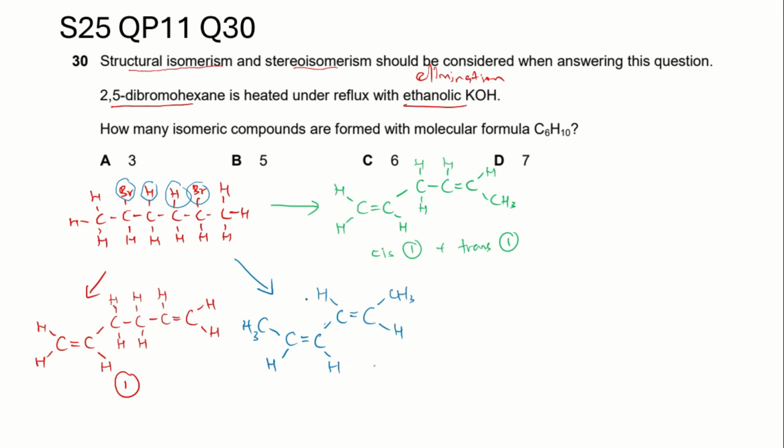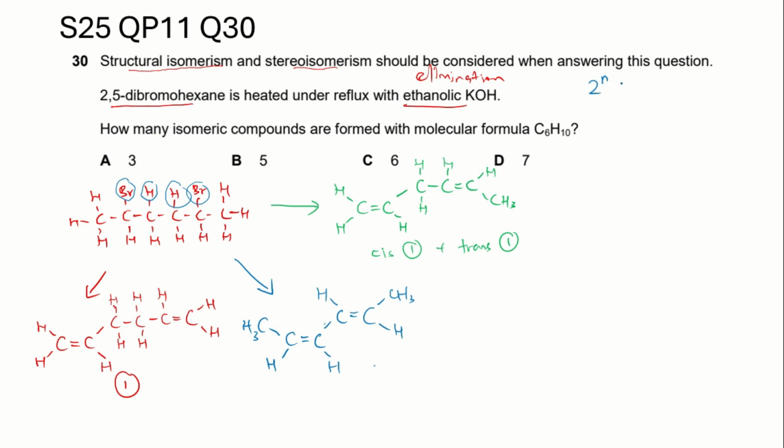This is the third product. The two carbons in both double bonds are bonded to two different groups of atoms. So the one on the left can show cis trans isomerism, and the one on the right can also show cis trans isomerism.